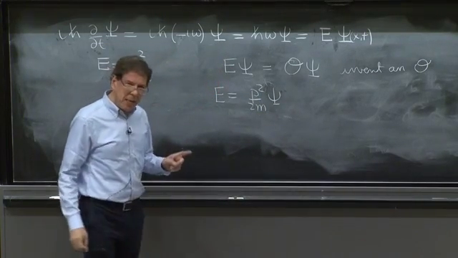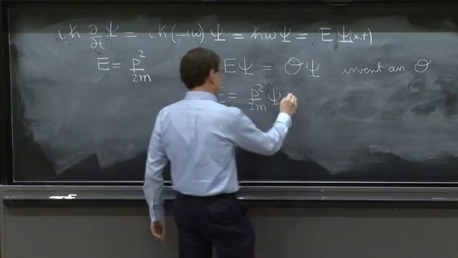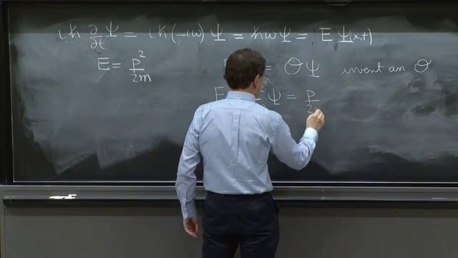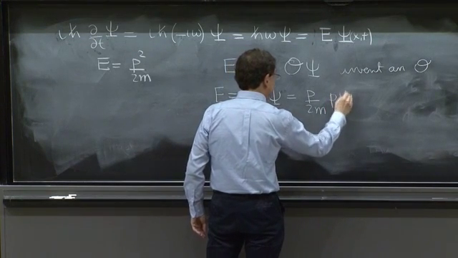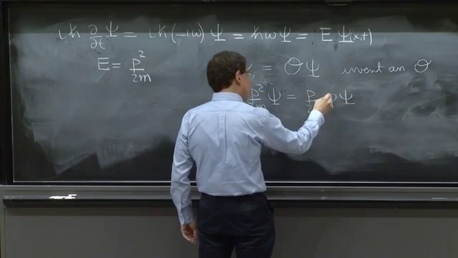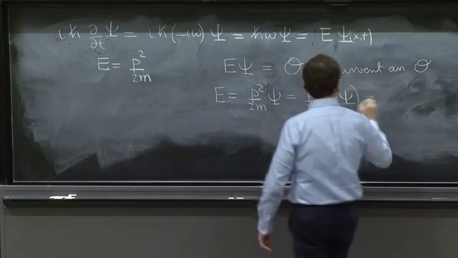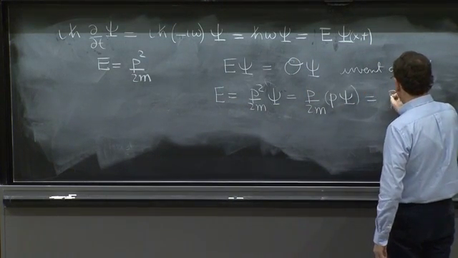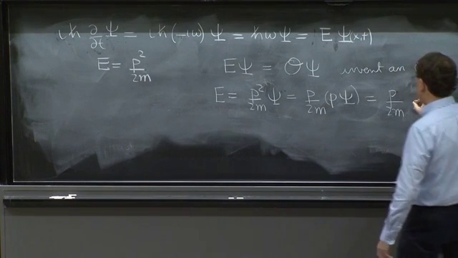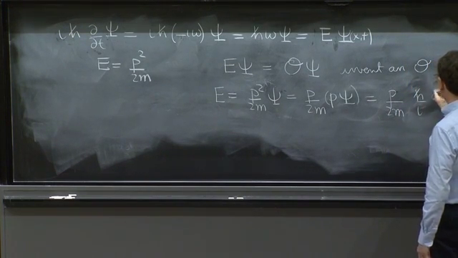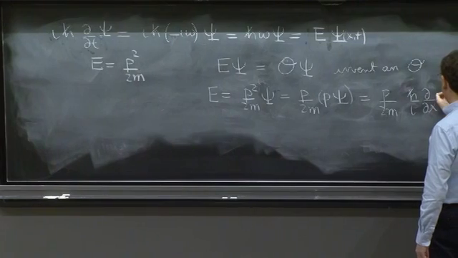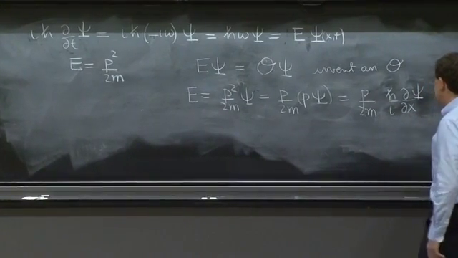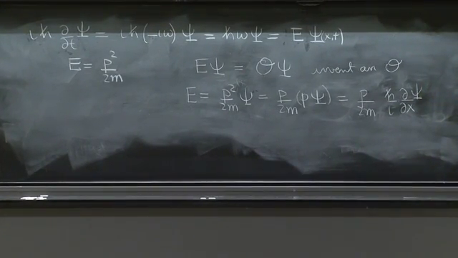But then you say, oh, p, but I remember p. I could write it as an operator. So if I have p times psi, I could write it as p over 2m, h bar over i d/dx of psi. Now, please listen with lots of attention. I'm going to do simple things, but it's very easy to get confused with the notation.